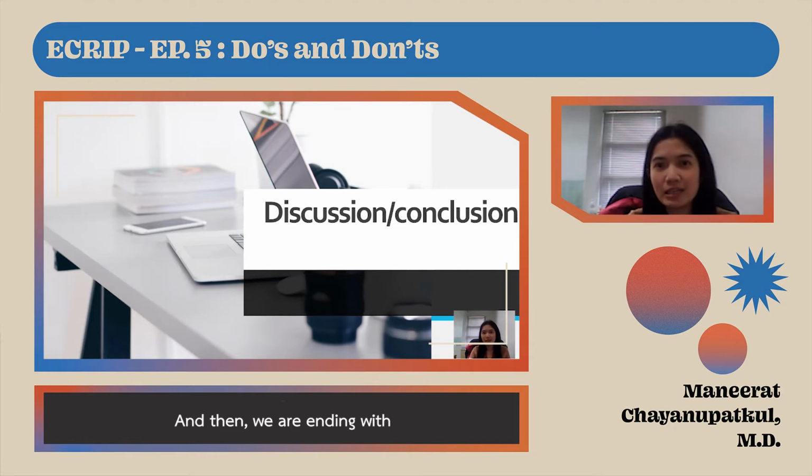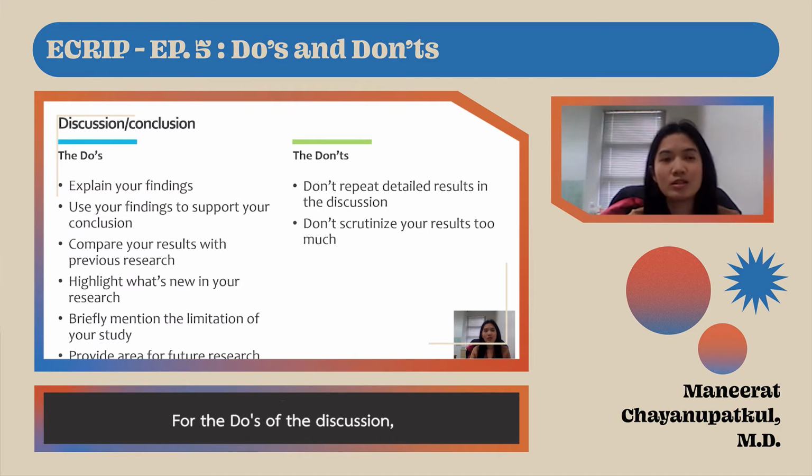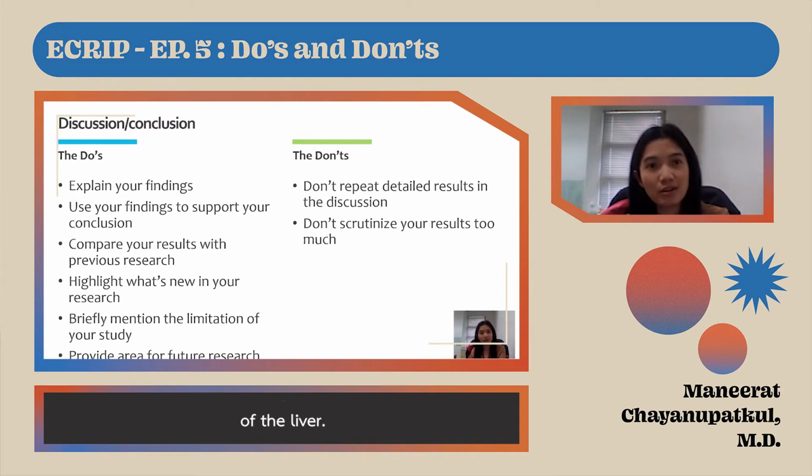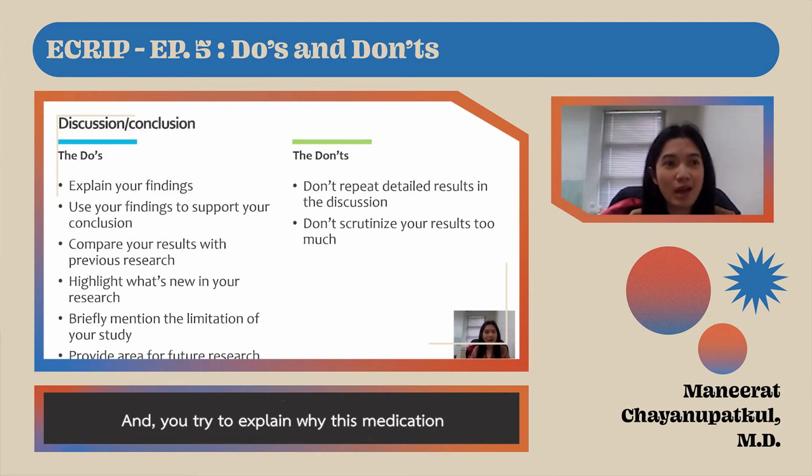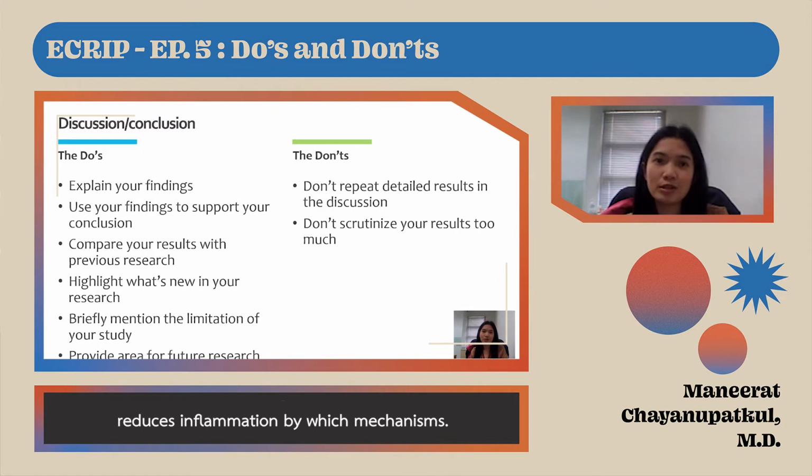And then we are ending with the discussion and the conclusion. What's the do for the discussion? You should first summarize a little bit of your findings and explain them. For example, you found that this medication reduced the inflammatory markers of the liver, and we try to explain why this medication reduces inflammation, by which mechanism.